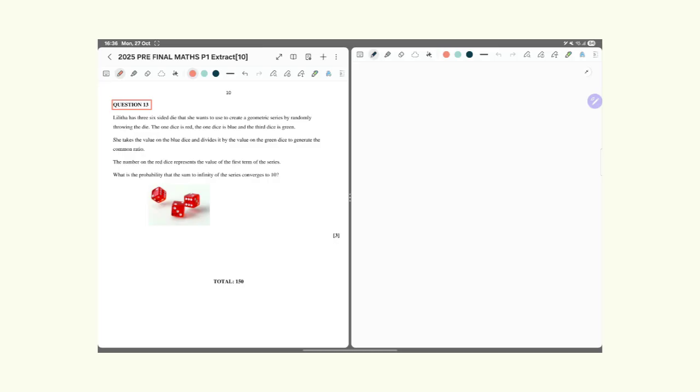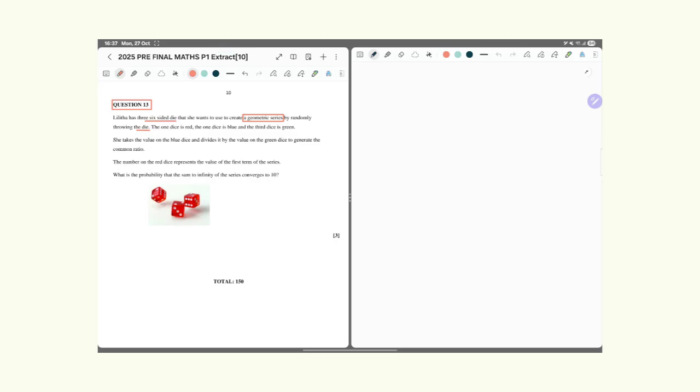So Lilita has 3 6-sided die that she wants to use to create a geometric series. This is by randomly throwing the die.